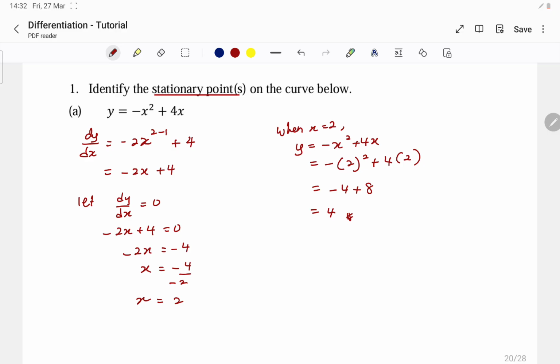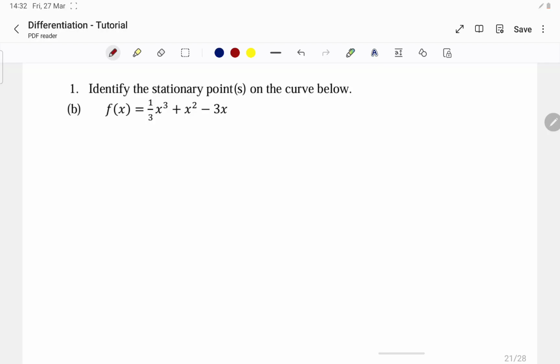Okay, now we proceed to second question, question B. Also similar, but this time they just change from y to f(x), the function name. So you find f'(x) first. You're going to get 3 you bring in front, so 3 multiply with 1 over 3 x to the power of 3 minus 1, plus x squared become 2x, negative 3x become negative 3.